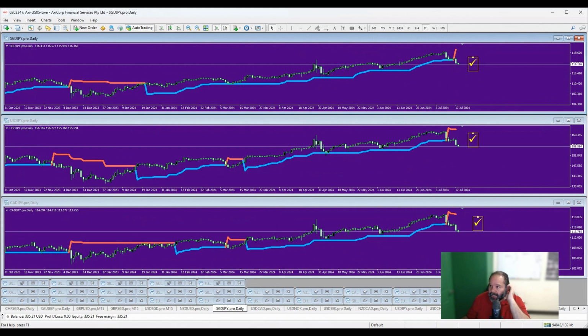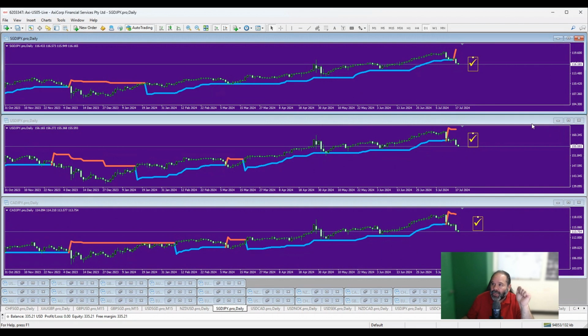Right now, you see downtrend, downtrend, and downtrend. Beautiful. So we are looking for any entry on the dollar Japanese yen and CAD JPY as a sell.